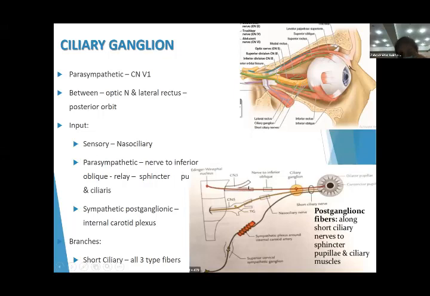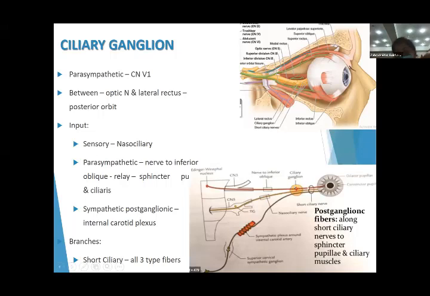From there they pass into the nerve to inferior oblique, which we have already done. They leave the nerve to the inferior oblique and enter the ganglion. Since they are parasympathetic fibers, they relay in the ganglion.